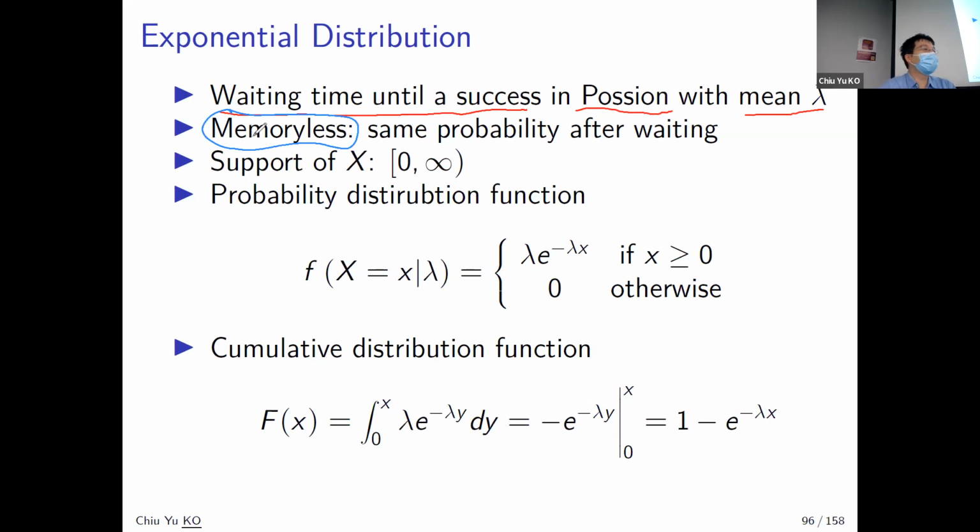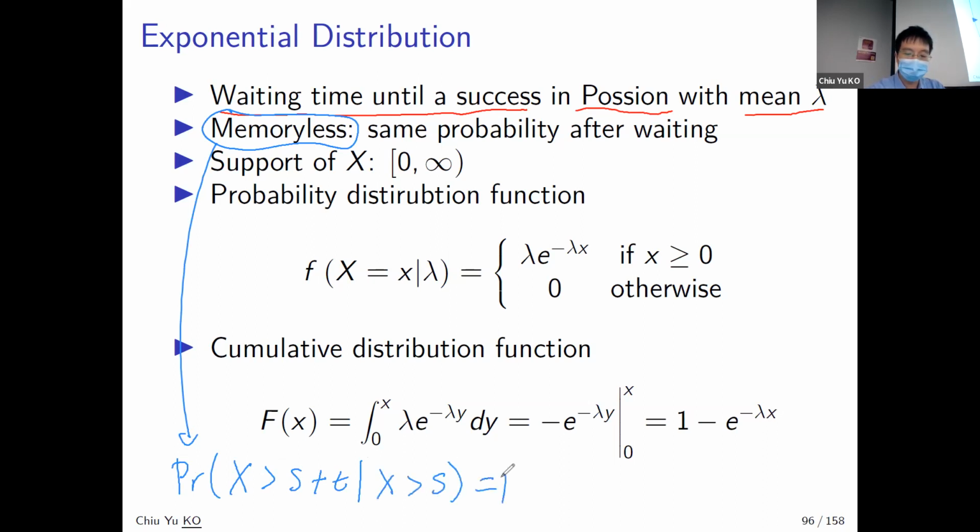So let me repeat the statement again. If you want a technical definition, it's like this: the probability that X is bigger than s plus t, given X is bigger than s, is the same as the probability that X is bigger than t. That is the formal statement, but I don't think we need it.